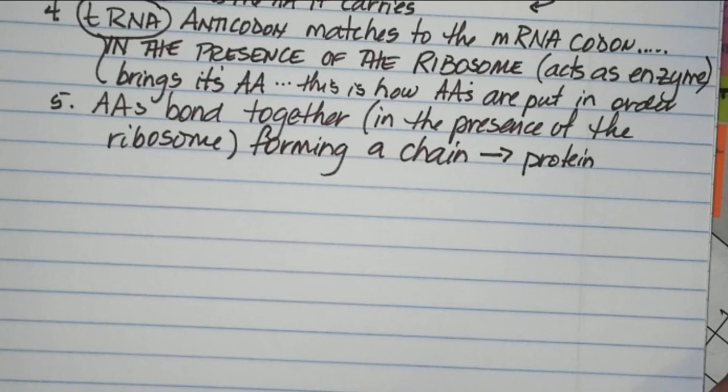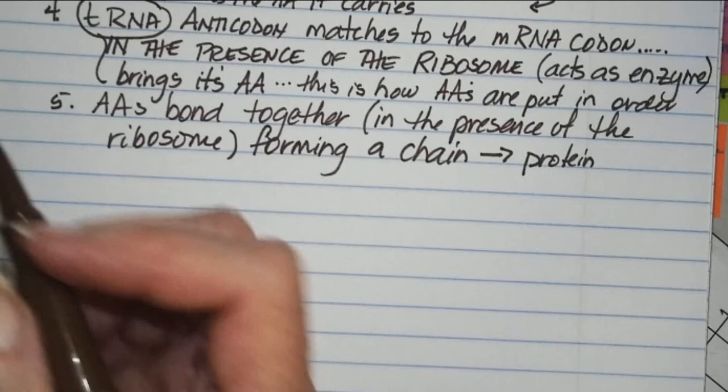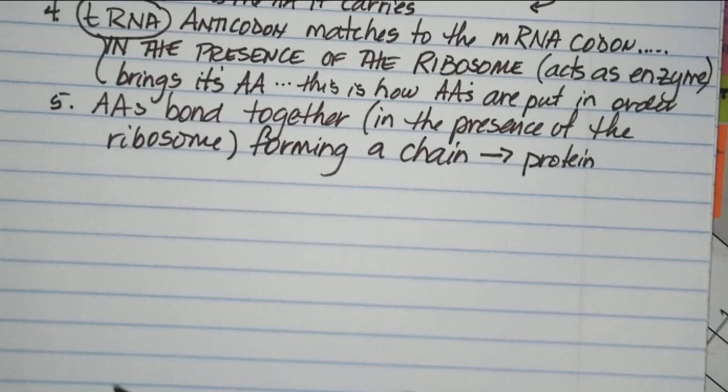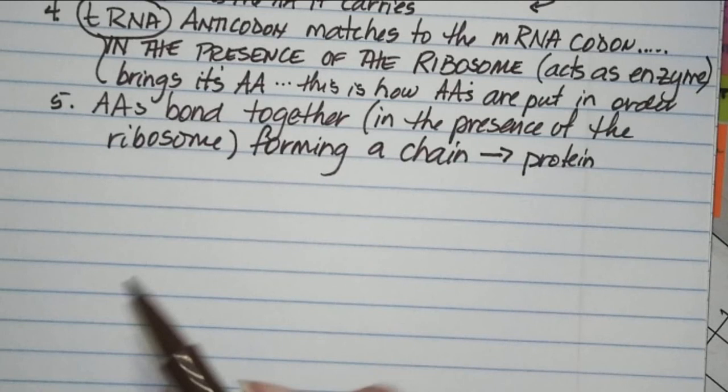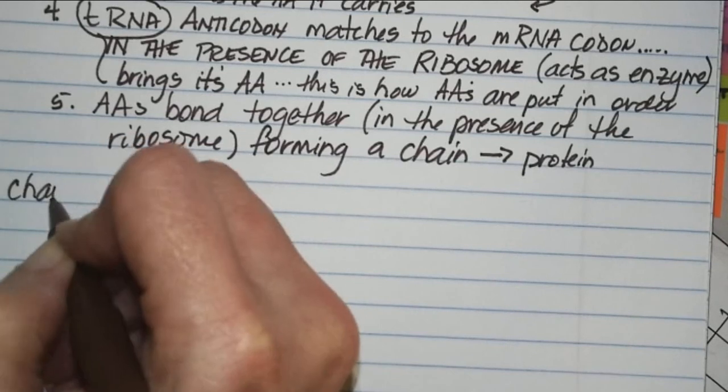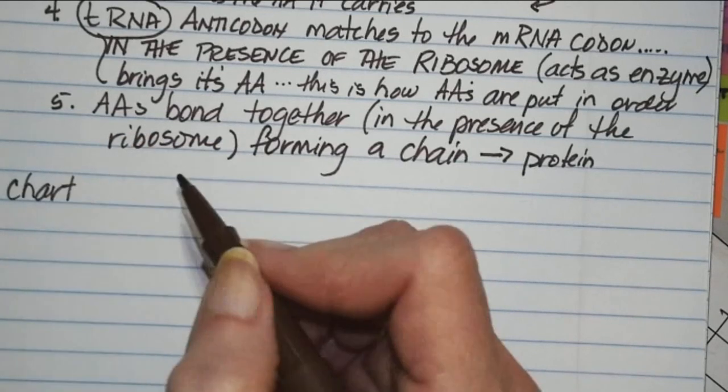Okay? So the last thing is, when we talk about those codons and anticodons and the amino acids, there's a chart that we have to use. Because there are only 20 amino acids that most mammals use. So use a chart to determine which amino acid matches each codon.